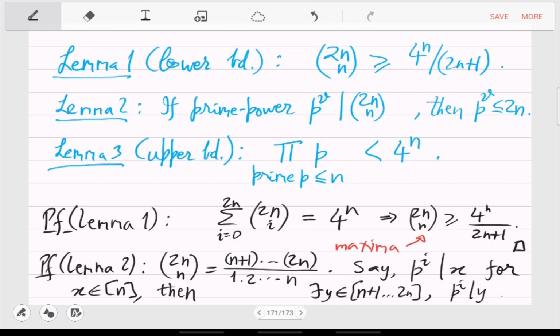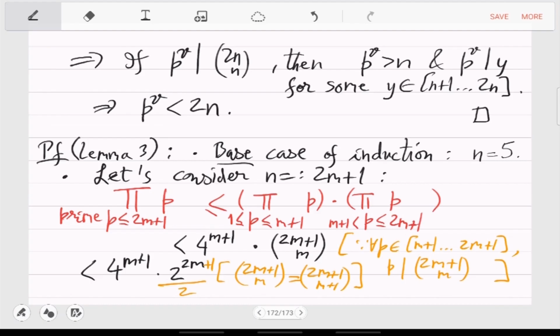Intuitively, what it means is that you want to show that p raised to v divides y, if p raised to v divides 2n choose n. So why can't some part come from y and another part from y prime, and the product is p raised to v?